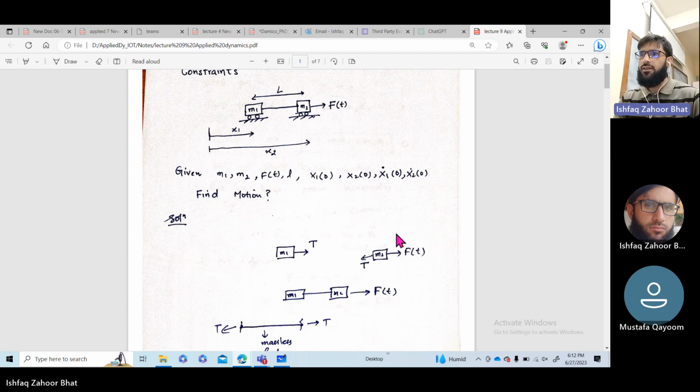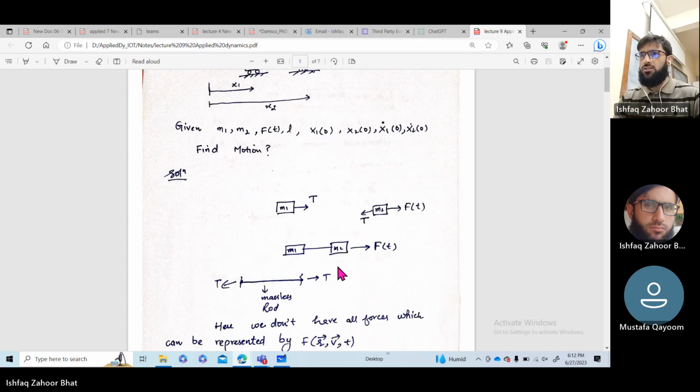Similarly, there will be T acting on M2, and there is obviously F of T. I am writing this as F of T in general. This may be constant and other things.